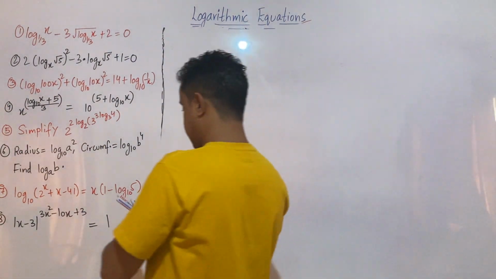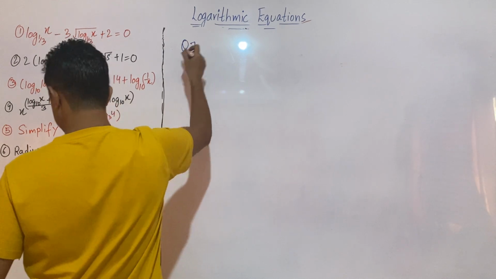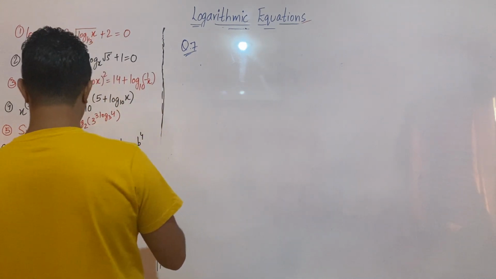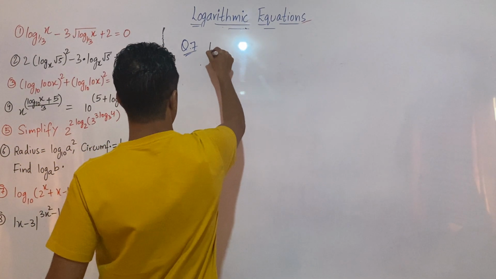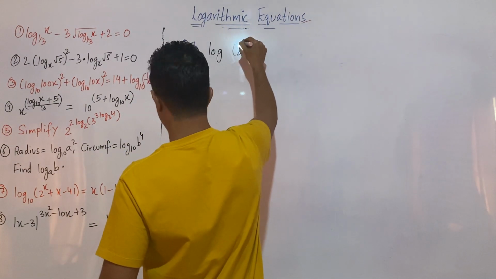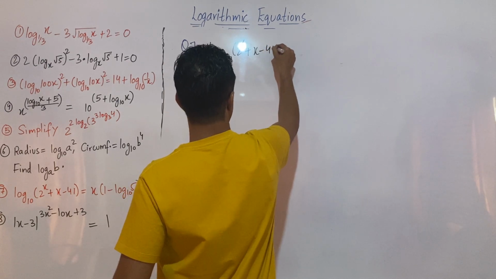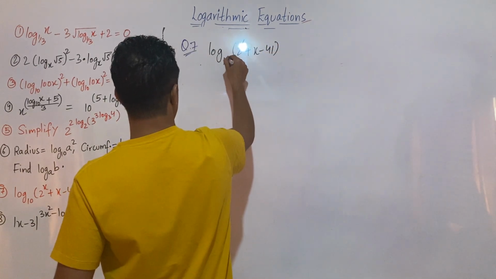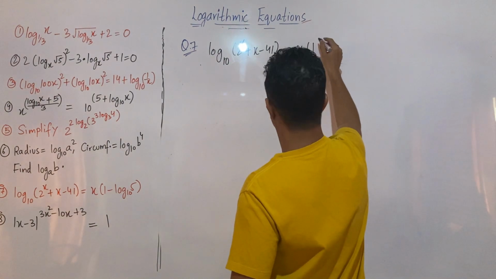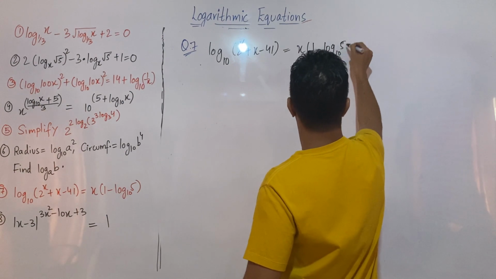Question number 7 says that log of 2x plus x minus 41 to the base 10 equals x multiply 1 minus log 5 to the base 10.